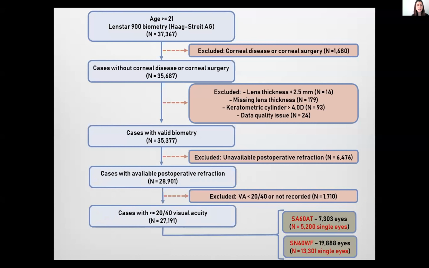They included only one eye from each study subject, choosing the eye with better visual acuity if it was unequal, resulting in 5,200 eyes with SA60AT and 13,301 eyes with SN60WF.